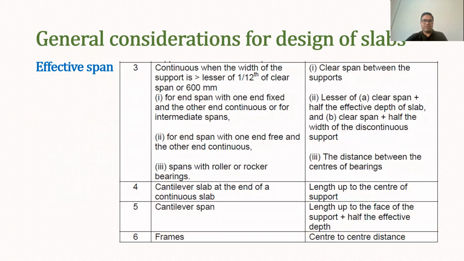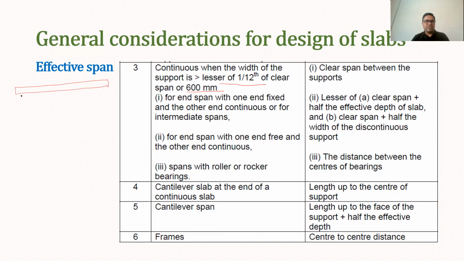Similarly, we can have another case where the slab is continuous and the width of support is greater than the lesser of 1/12 of clear span and 600 mm. Like I have shown you in the figure in the previous slide, again I'm making the same diagram.